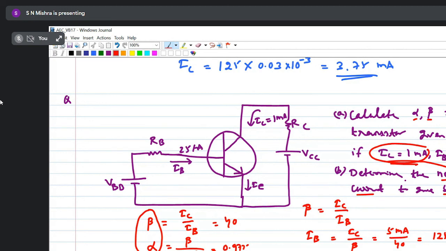Next class, tomorrow, we'll discuss the input and output characteristics of different configurations. Wednesday, we'll take a class test up to the midsem syllabus. Up to this point, whatever questions I set will be Wednesday's exam, a 5 mark class test.